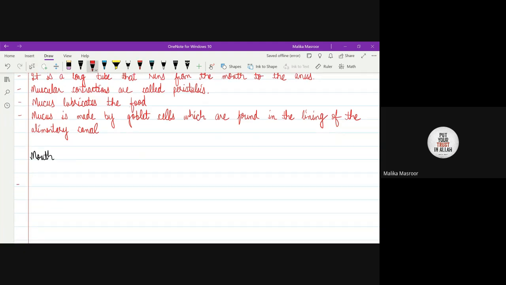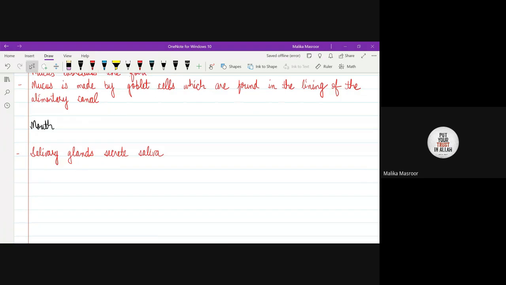So, very important are your salivary glands that secrete saliva. Saliva is a mixture of water, mucus, and salivary amylase. Very important.